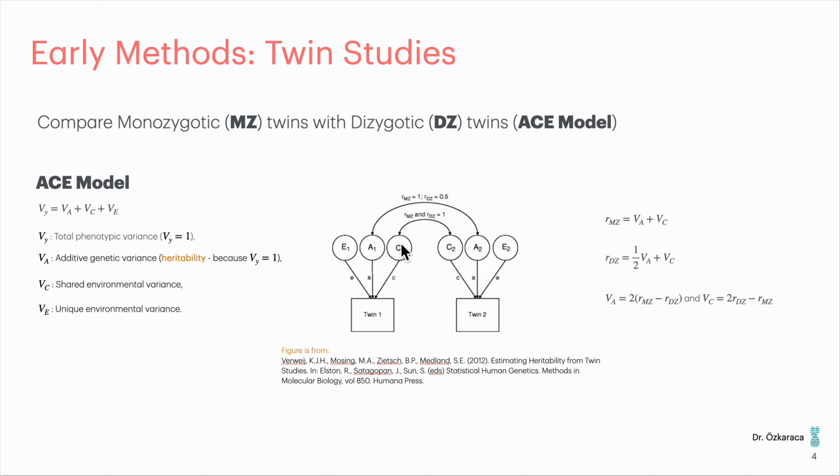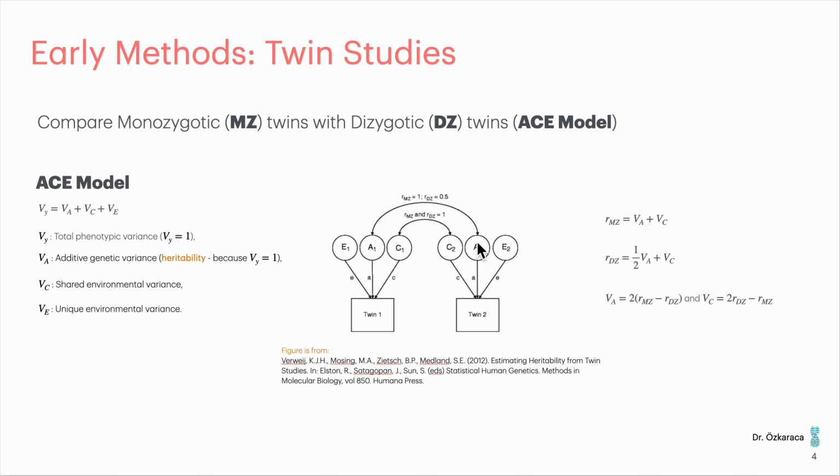The correlation between shared environmental variance is assumed to be 1, and the correlations of additive genetic variance are assumed to be 1 and 0.5 respectively, since monozygotic twins share all their genetic material, whereas dizygotic twins share only about half of their DNA.